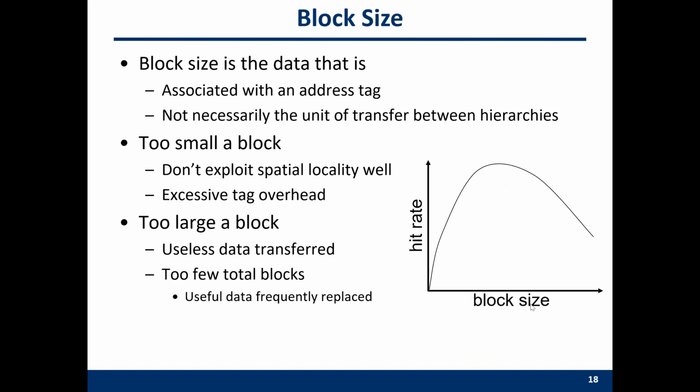Again, this is the relationship between the hit rate and the block size. If you read too little data, maybe 1 byte only, you cannot capture the so-called spatial locality. Then you will have a miss very soon again. So the hit rate is not high.